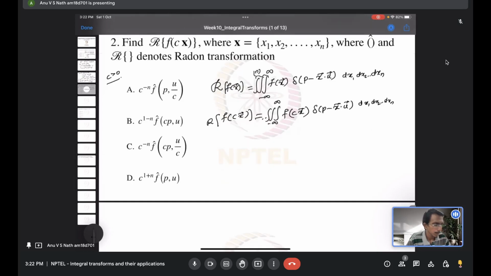So what we can do is that we can use properties of integrals. Like, so cx is now a vector. So you see cx will have components cx1, cx2, etc., cxn.